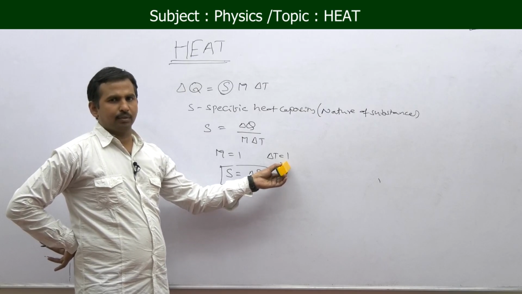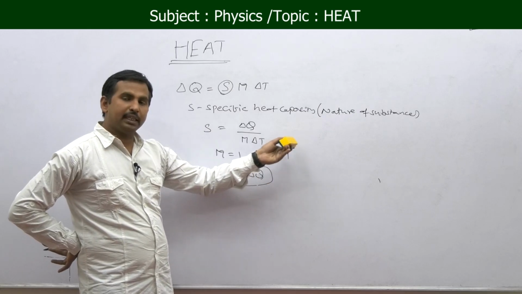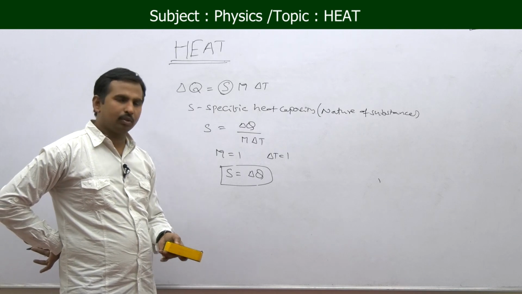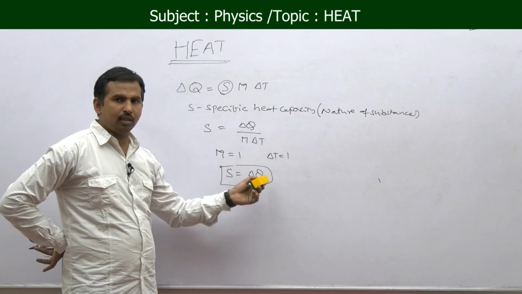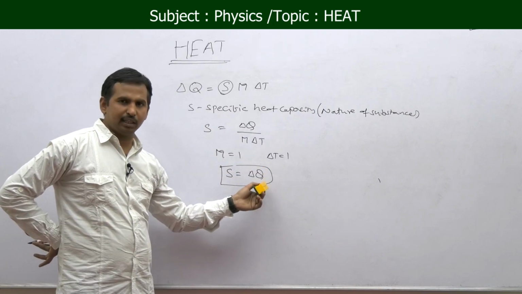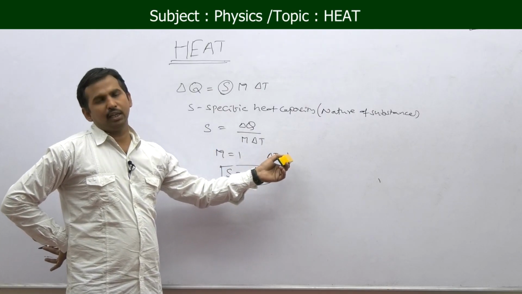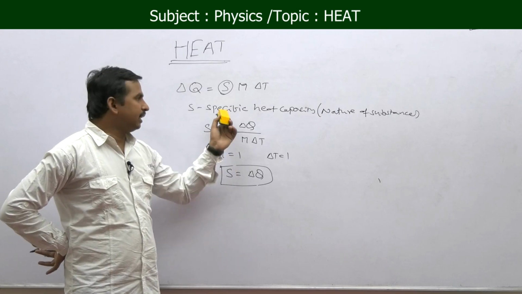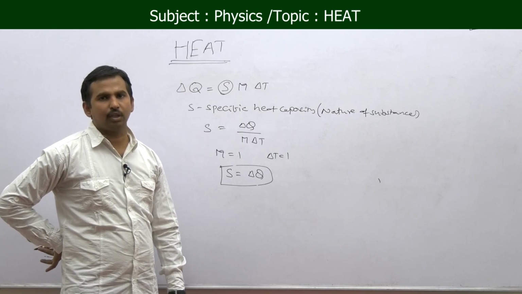You can take Kelvin also here, because the change of temperature for degree Celsius and for Kelvin are both the same. So, see the definition again. Specific heat capacity is the amount of heat energy required to raise the temperature by 1 degree for a unit mass of a substance. That is the meaning of specific heat capacity.